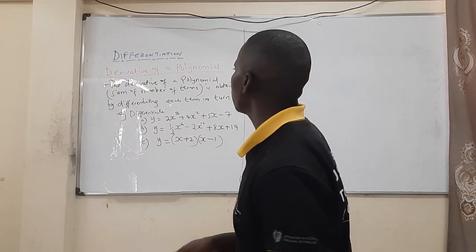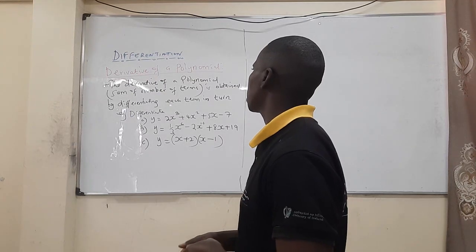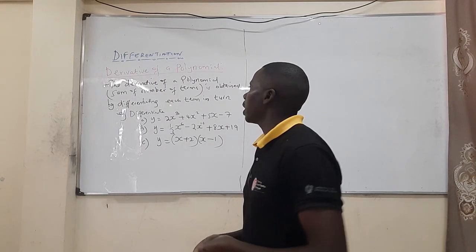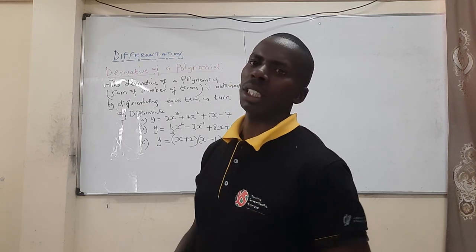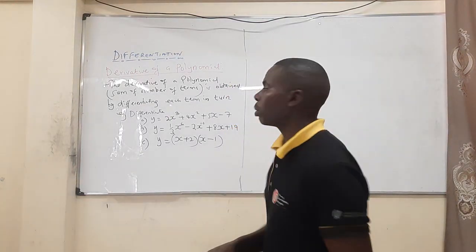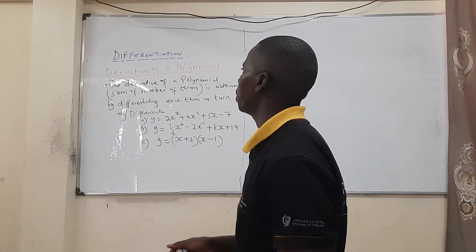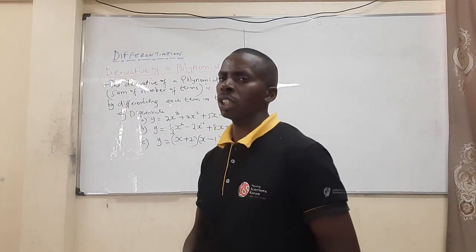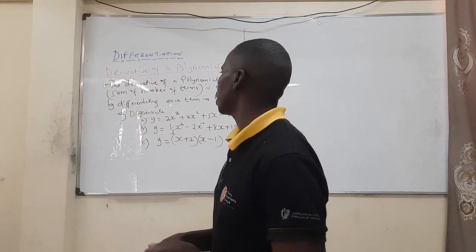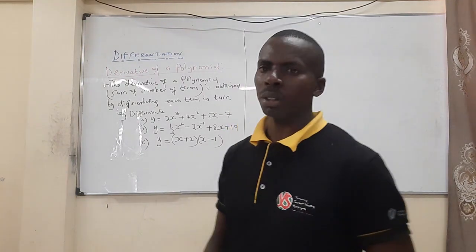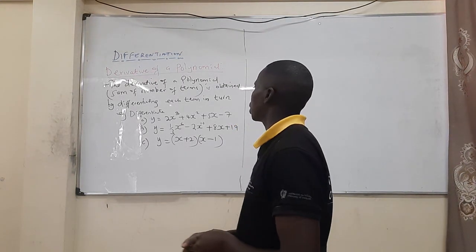So the derivative of a polynomial is obtained by differentiating each term in turn. When you have a polynomial, just differentiate each term separately, and then you add them. You're going to get the derivative of a polynomial.